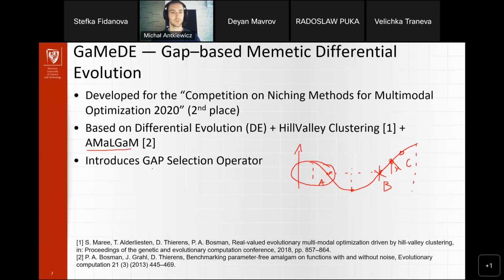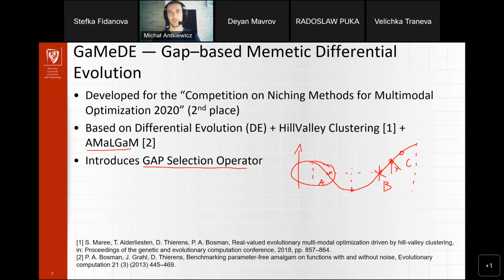But the most important novelty in the original GAMIDI algorithm was the gap selection operator, which is very similar to the standard tournament selection operator. While the tournament selection operator prioritizes individuals with the highest fitness, so those with higher fitness have a higher chance of being selected, in our case, the gap selection operator prioritizes those points with a higher gap value, where the gap value is the distance to the nearest point in the archive.